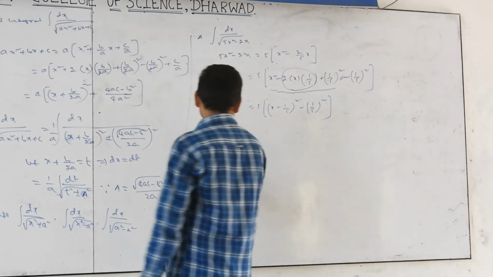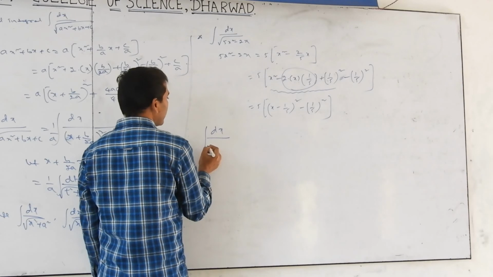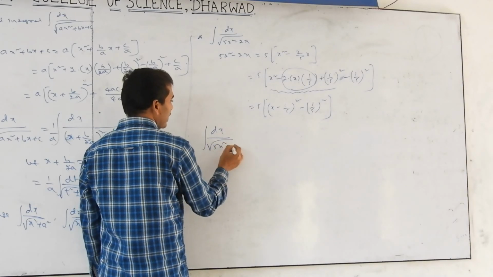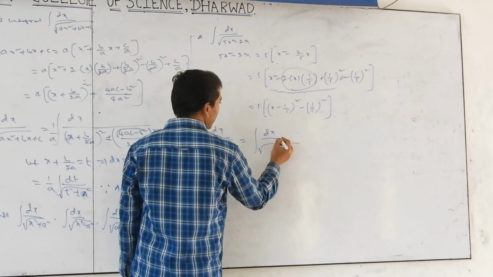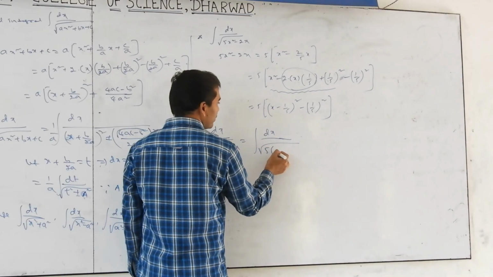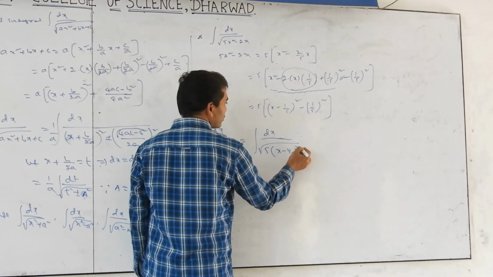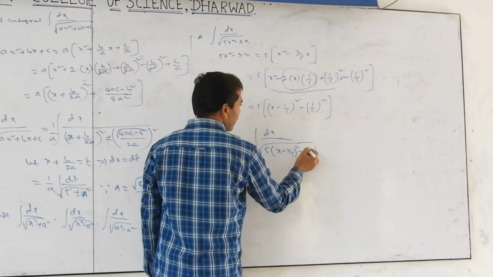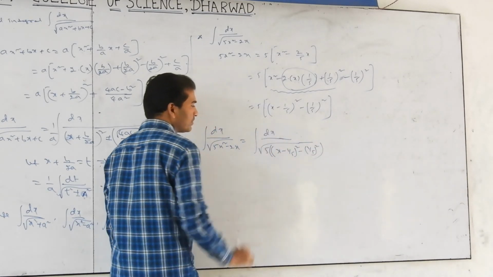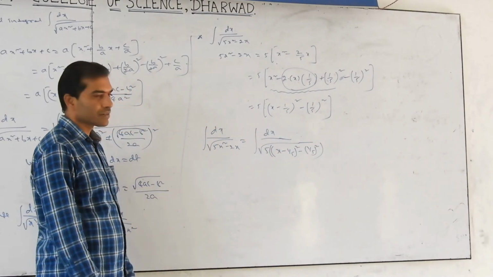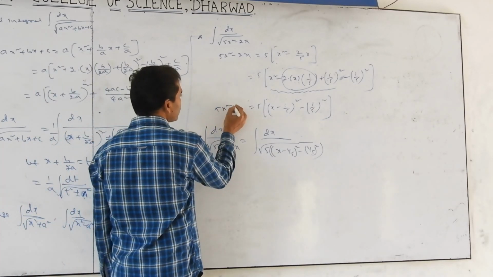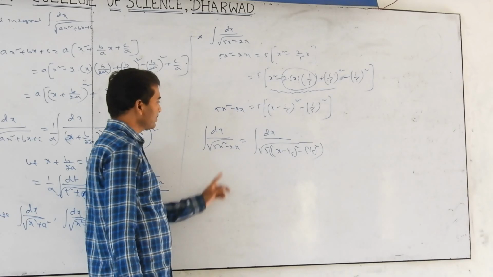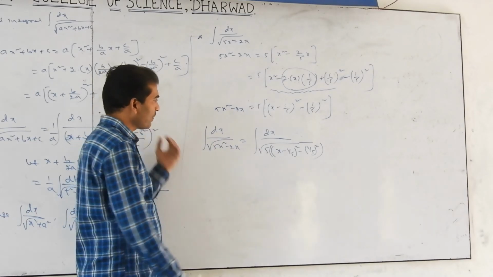Substitute: integration of dx by root of 5x square minus 2x equals dx by square root of 5 into x minus 1 by 5 whole square minus 1 by 5 whole square. Right? This place, 5x square minus 2x, replace, and 1 by root 5 take out.